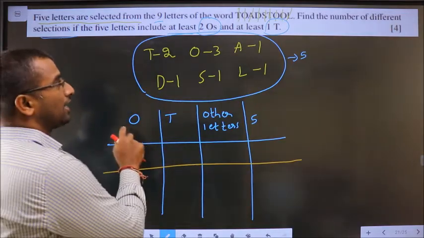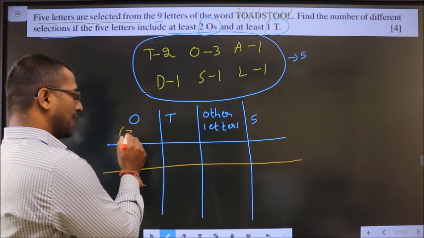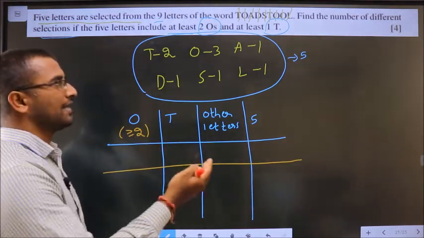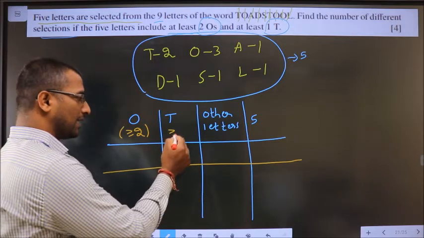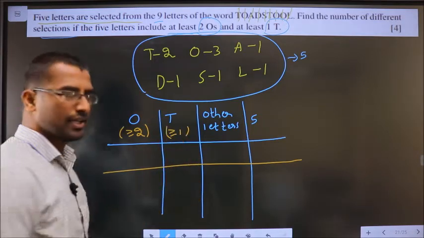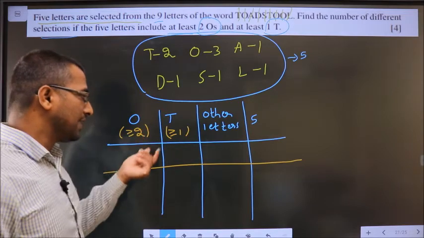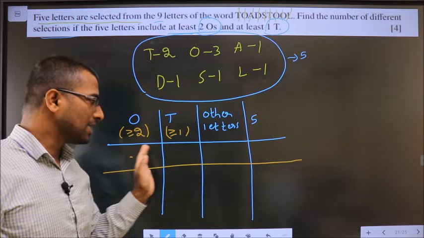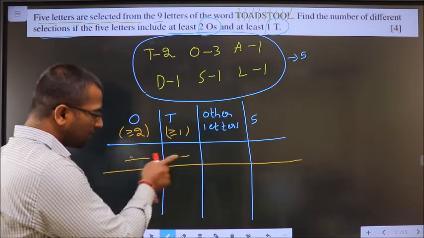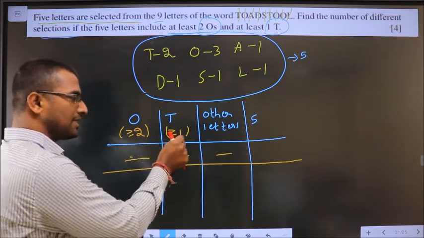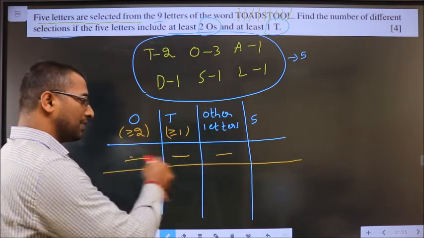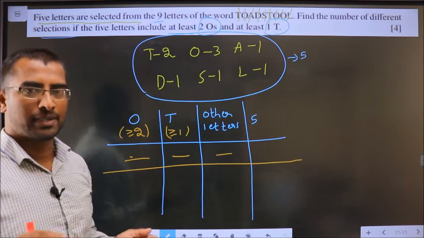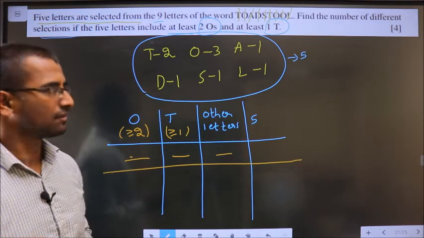Now, at least 2 O's means it has to be greater than or equal to 2 or more. At least 1 T means greater than or equal to 1. Clear? Now, satisfying these conditions, I need to write the numbers here. The numbers here should satisfy this condition, and also the count of these 3 numbers has to be 5. Clear? Let us see how many such options we will get.